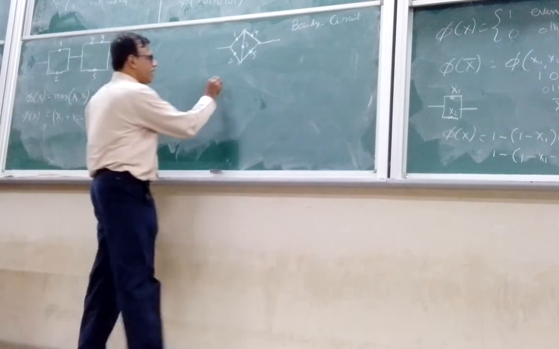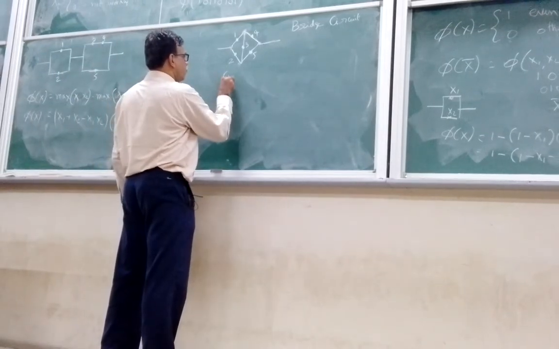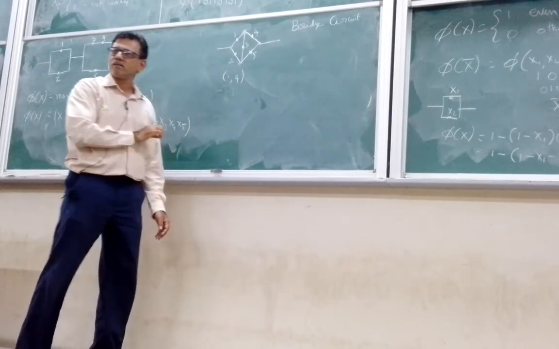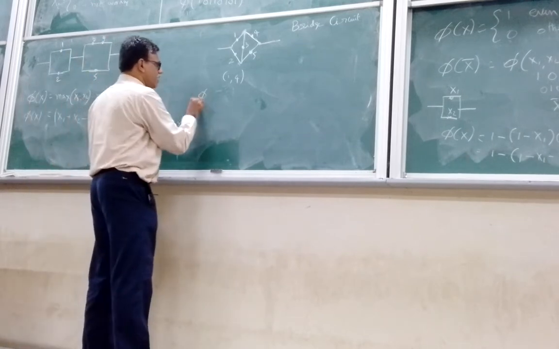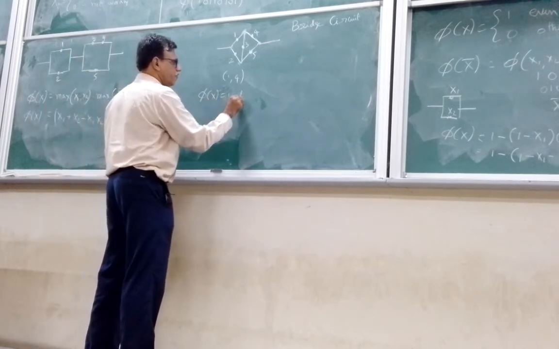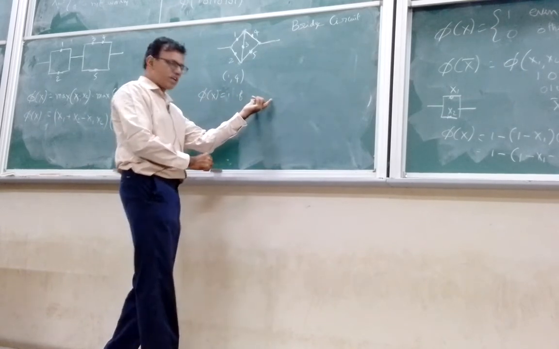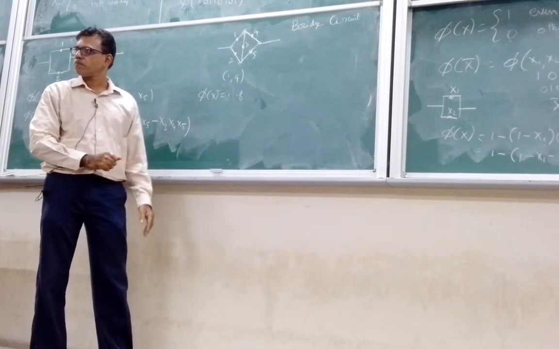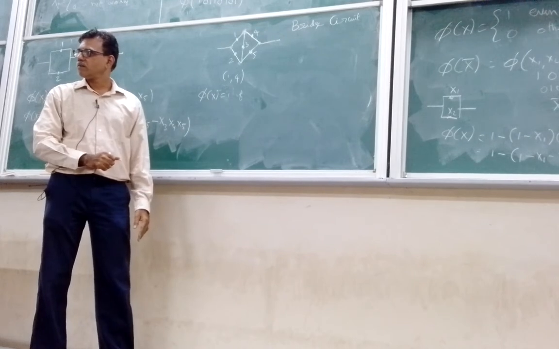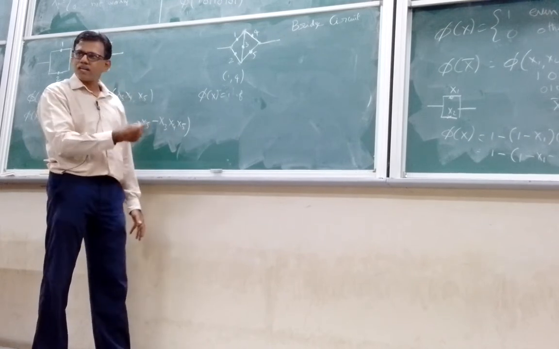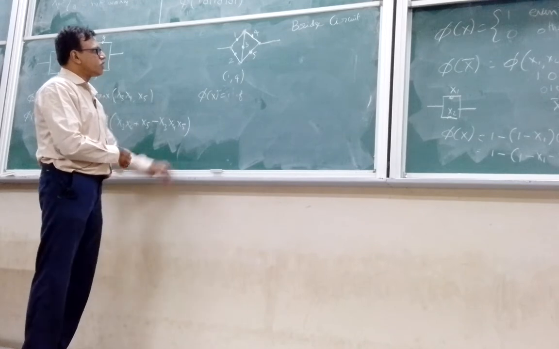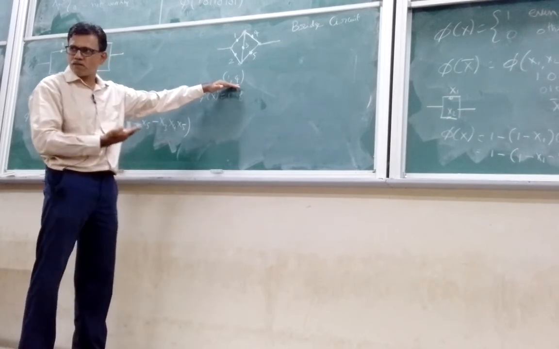Then let's look at the case when 1 and 4 are working together. I am looking at a case when psi of x is equal to 1. If we have an expression in which one term will make that 1, right? So if 1 and 4 are working, I think the system will be working.